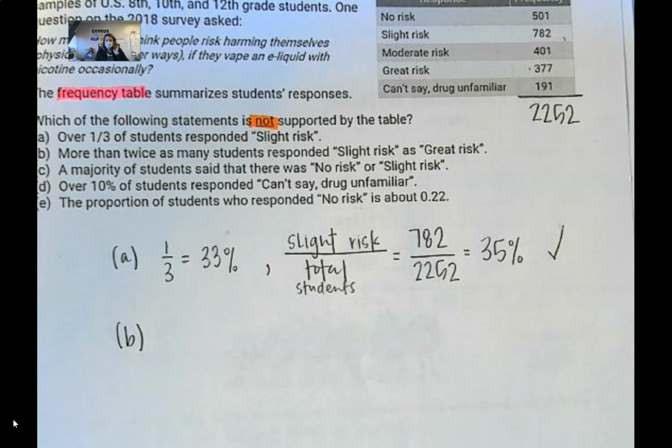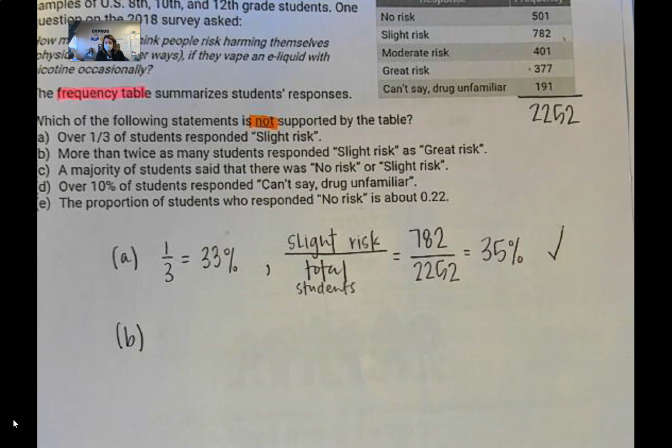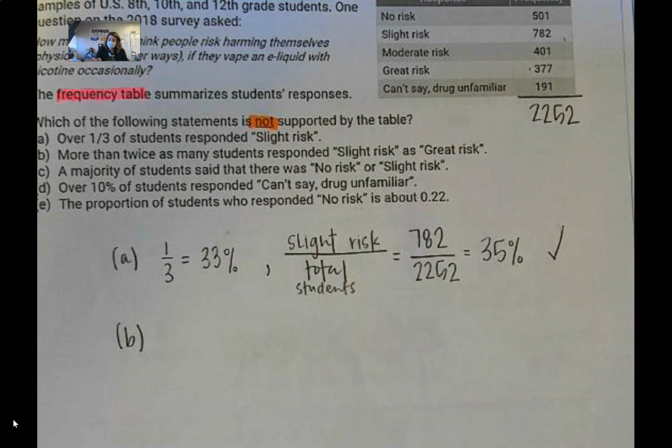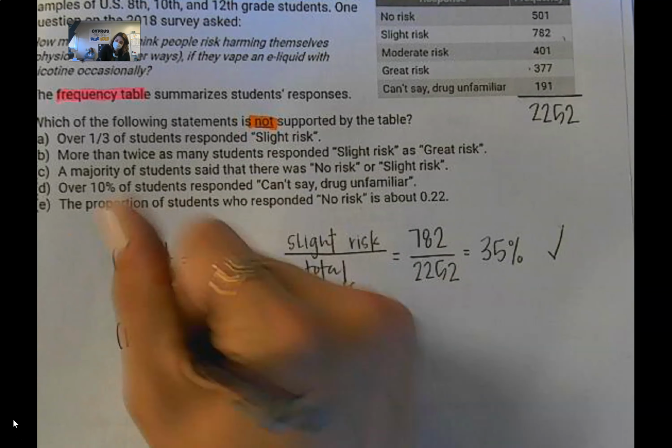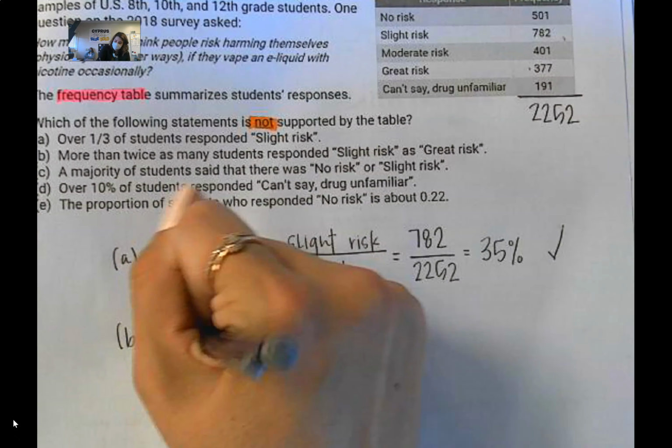Okay, B. More than twice as many students responded slight risk as great risk. So more than twice as many. Okay, so great risk. How many kids said great risk? 377.